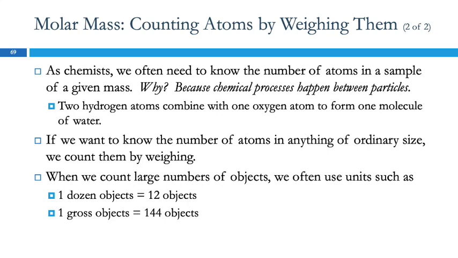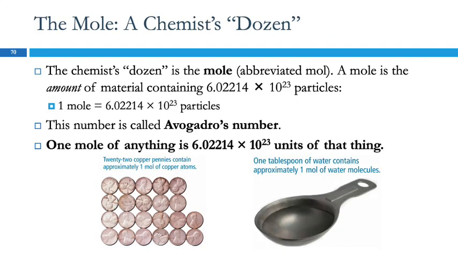You know what that means? 500. A ream of paper is 500 sheets of paper. Some of them weigh more than others because they're higher quality paper, but when you buy a ream, it's 500 sheets. So instead of dozen or ream or gross, we have our own unit, and it's called mole.